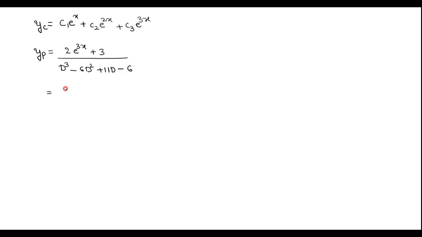Now separate that. It is 2 e raised to 3x divided by D cube minus 6D square plus 11D minus 6, plus 3 divided by D cube minus 6D square plus 11D minus 6.